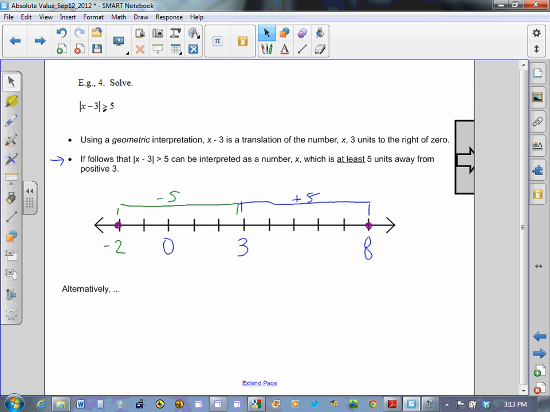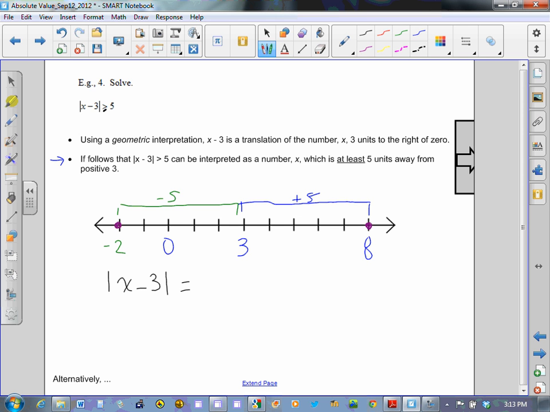Okay, just going to move this out of the way for now, that's for later. We don't have a complete solution to the inequality that's being posed. All we have right now is a solution to the equation, the absolute value of x minus 3 is equal to 5. Okay, that's the solution we have now.